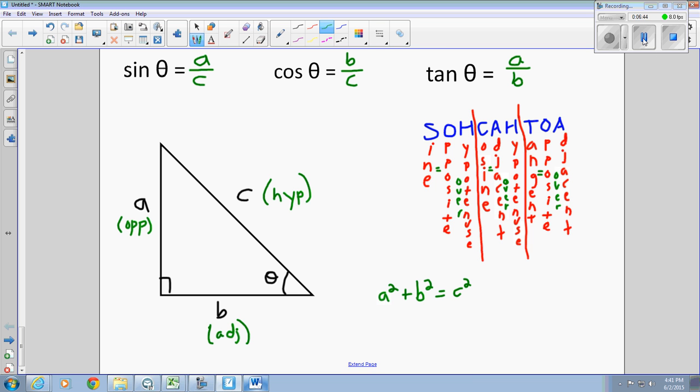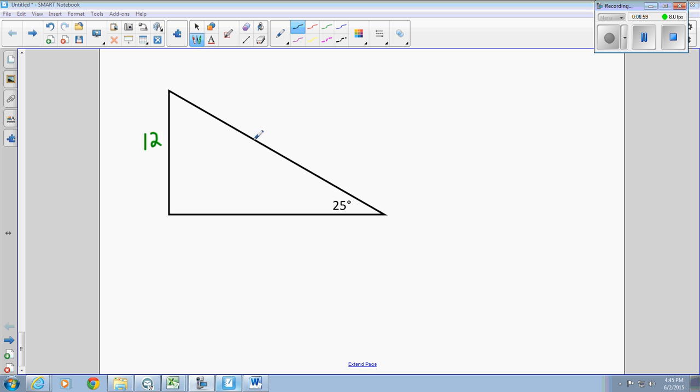Now, keep in mind, we can put numbers to this, and sine is just a function on any scientific or graphing calculator, and we'll show you how to do that. So let's say I have a triangle where the triangle has a 25-degree angle and the opposite side of that 25-degree angle, A, is equal to 12, and I want to know what B and C are.